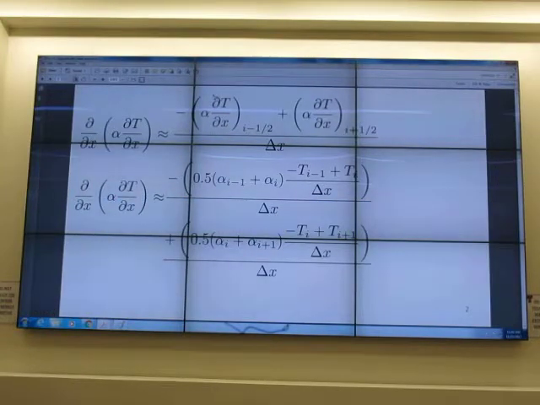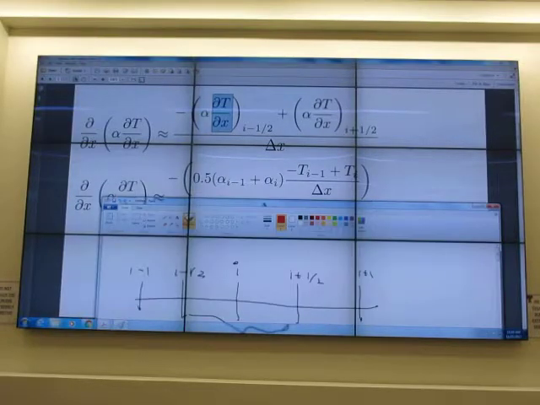What about dT by dx at I minus half? dT by dx is the slope at that point, right? That's the slope. dT by dx is delta y over delta x. So dT by dx at that point is T at I minus T at I minus 1, divided by the gap, which is delta x.